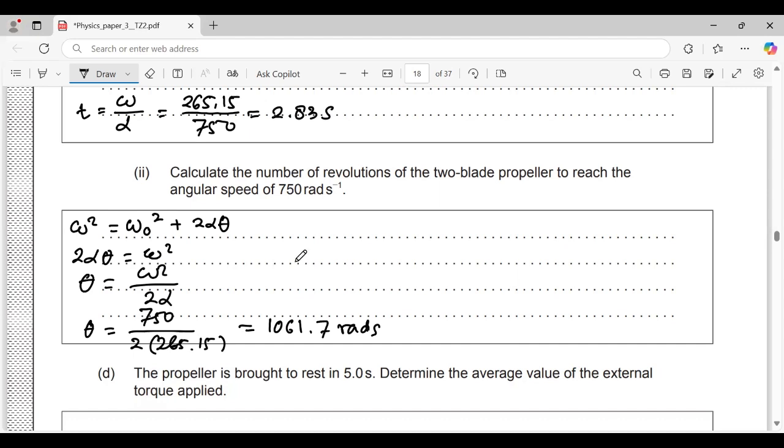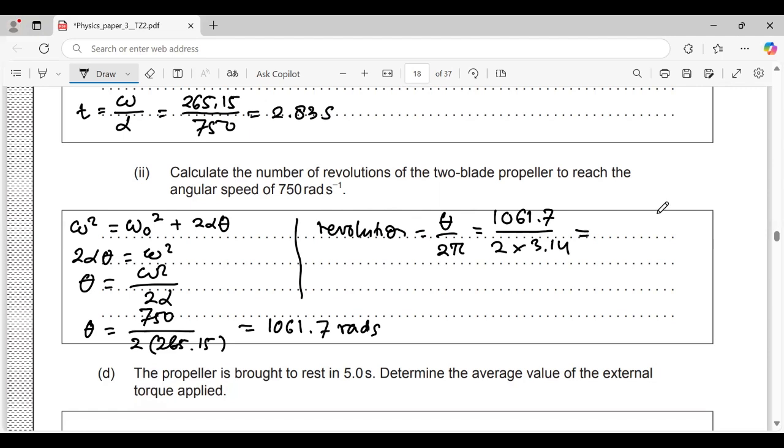Now, one revolution is theta over 2 pi. Theta is this one, 1061.7 radians over 2 times 3.14.